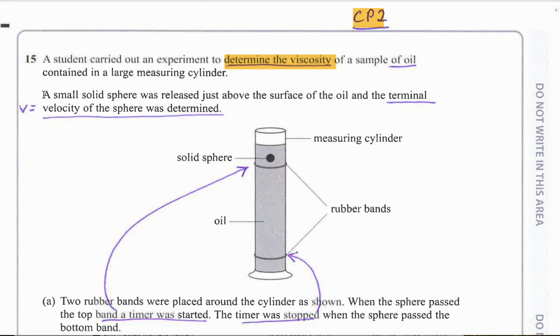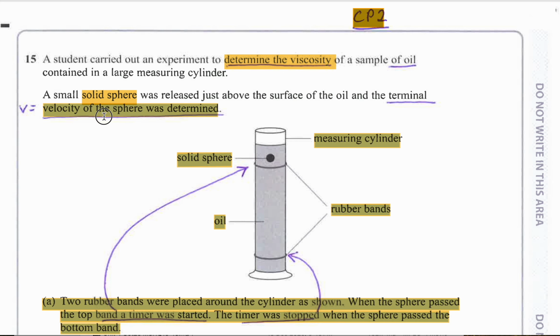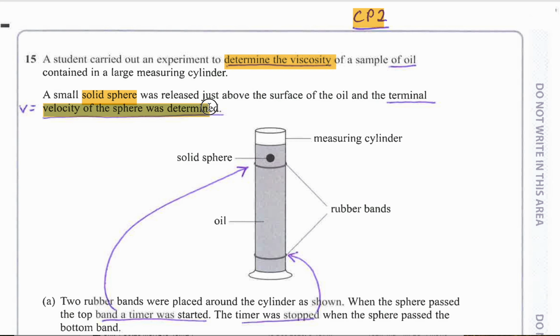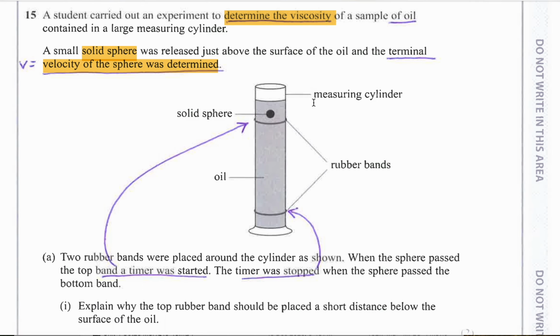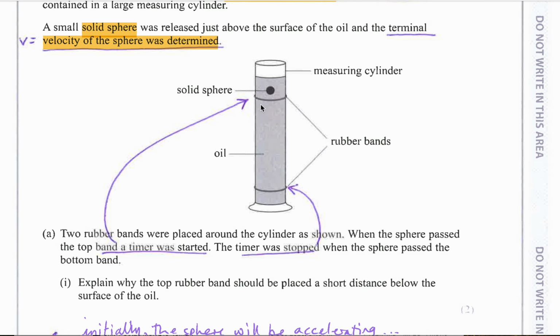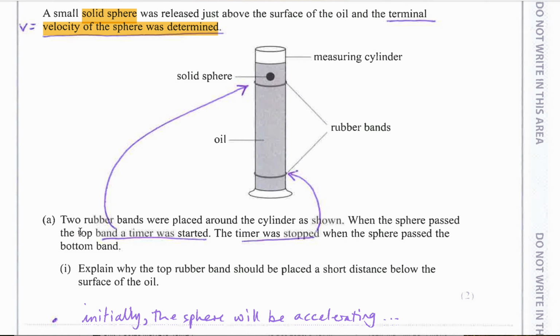A small solid sphere was released just above the surface of the oil, and the terminal velocity V of the sphere was determined. So the whole point is using terminal velocity, and that allows you to work out the viscosity of the oil sample. So it's got 2 bands marked on there, so they're going to explain that.